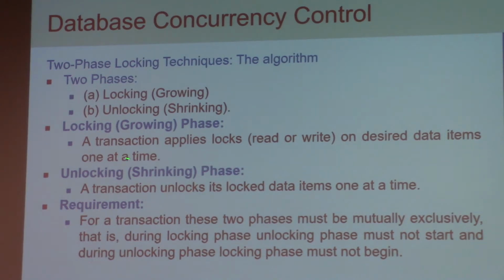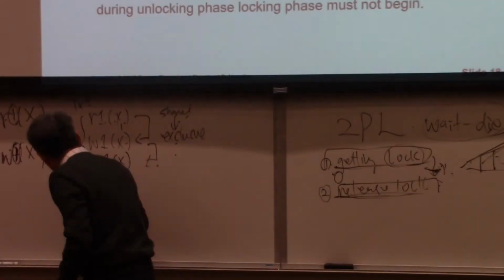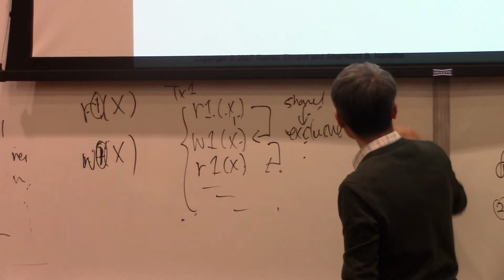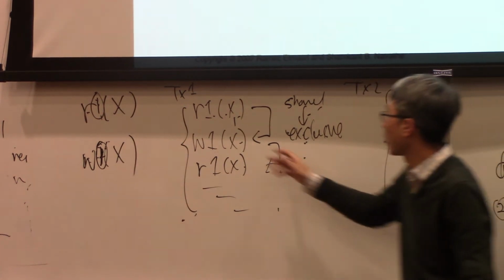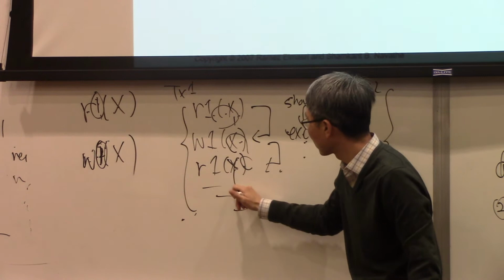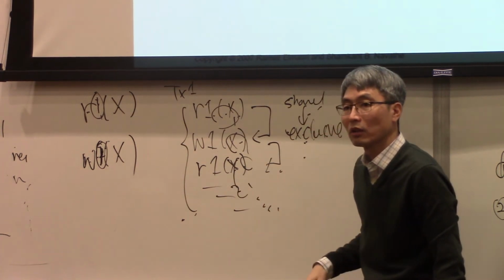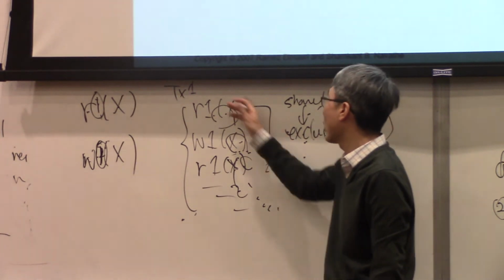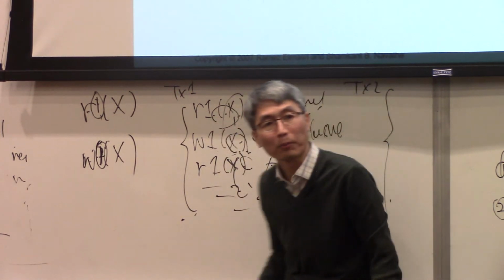So locking, however, in the transaction concept, transaction 1 has a number of operations. Transaction 2 has a number of operations. So getting the lock, sometimes it's Y, sometimes it's Z. One transaction may access multiple items and multiple operations.